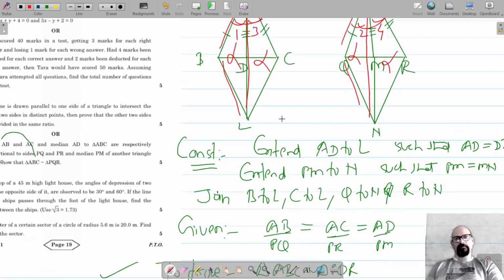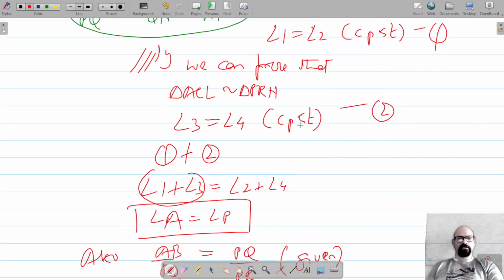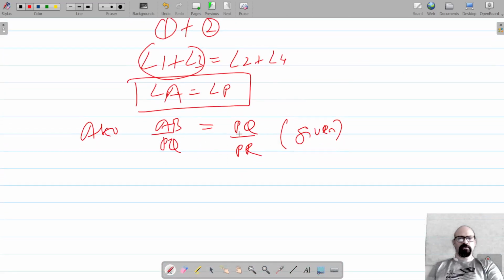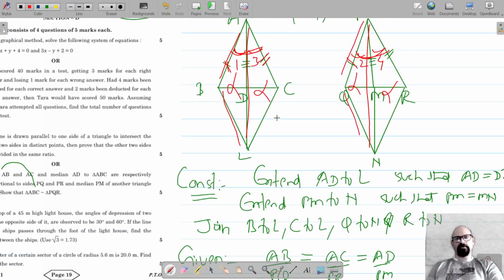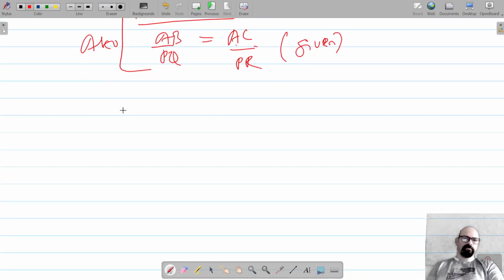So angle A is equal to angle P, AB is in proportion with PQ, and AC is in proportion with PR.